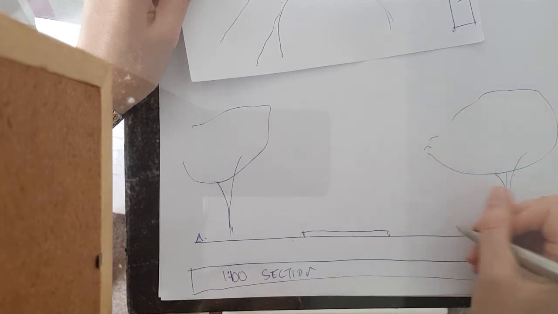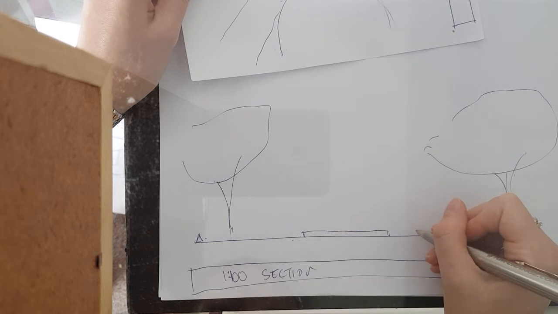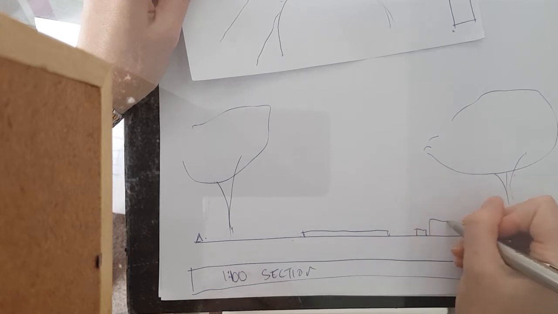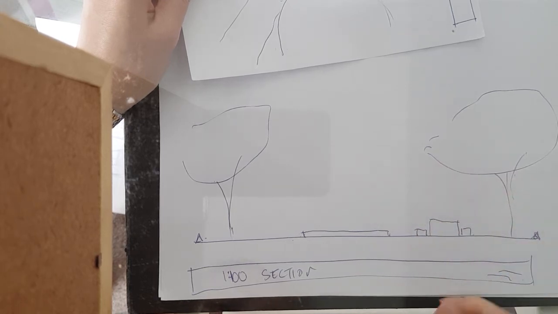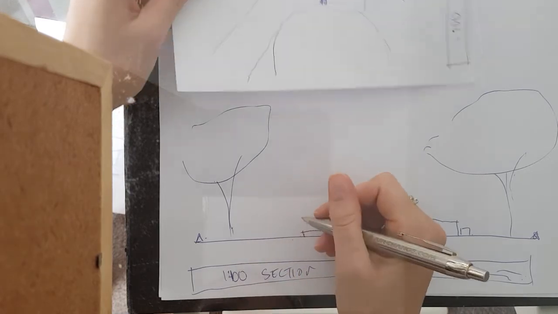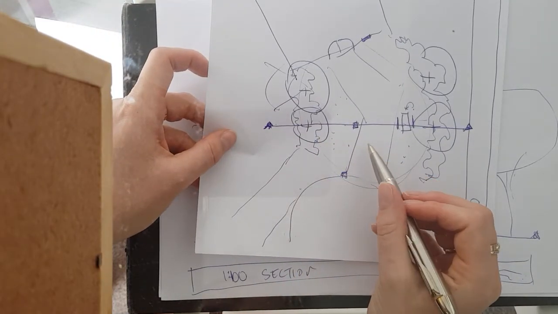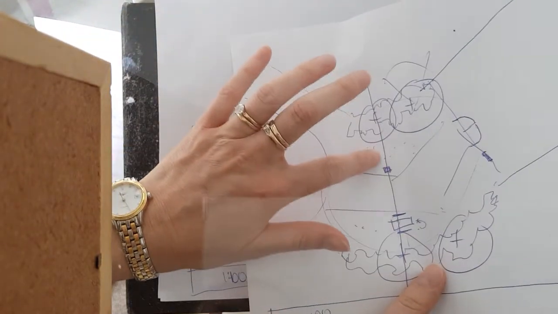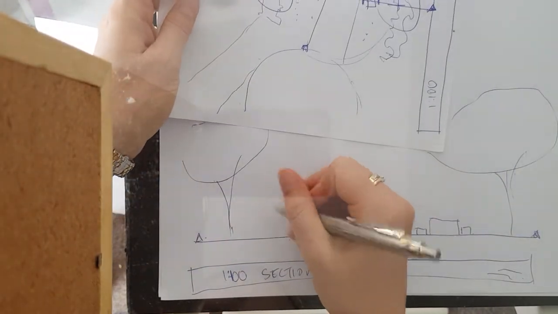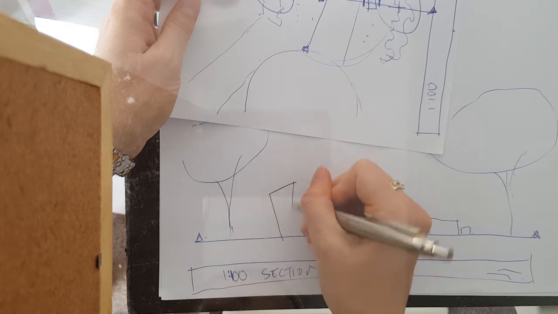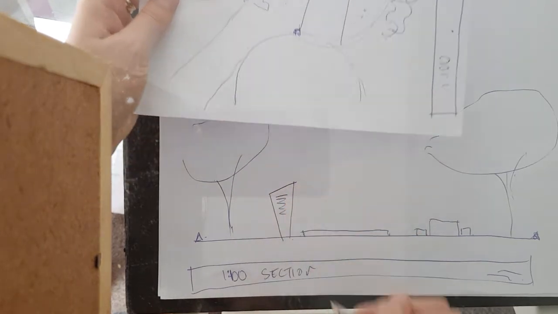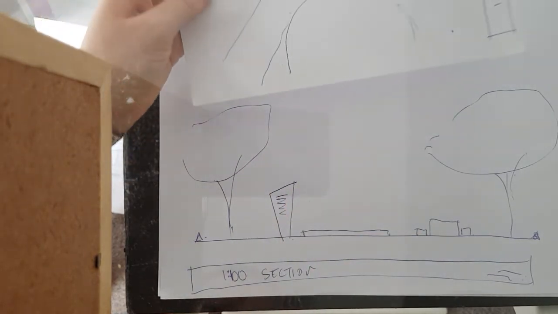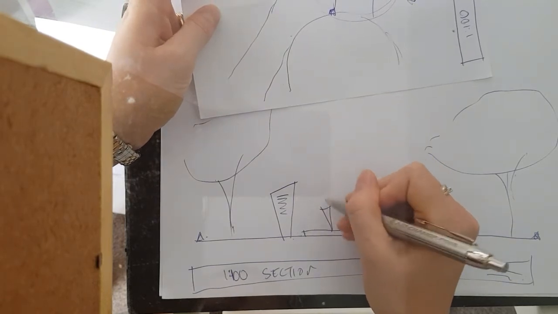We mentioned that we had a picnic table over here, so we've sort of got this universally accessible picnic table. And I think we spoke about having some signage and wayfinding as well on the other side of the path. So it might be that we have some sort of very big signage and wayfinding element, for example, like this. This is our path that people are walking on.